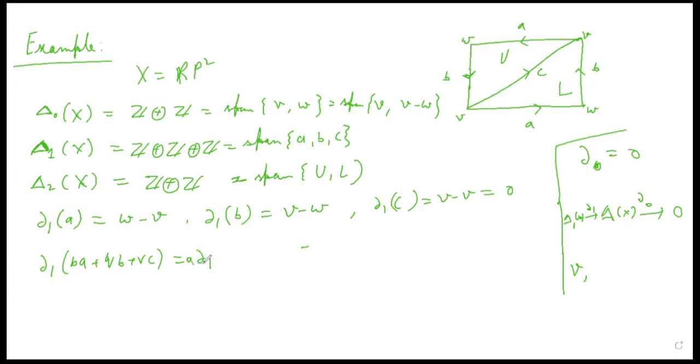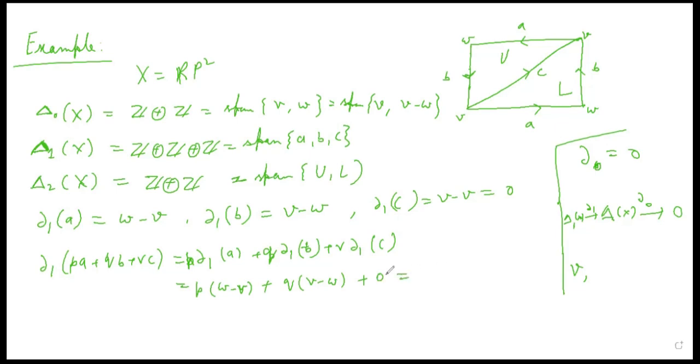Delta 1 of A, B, this is Q, and this is your A plus R. This is W minus V plus Q V minus W plus this is 0.